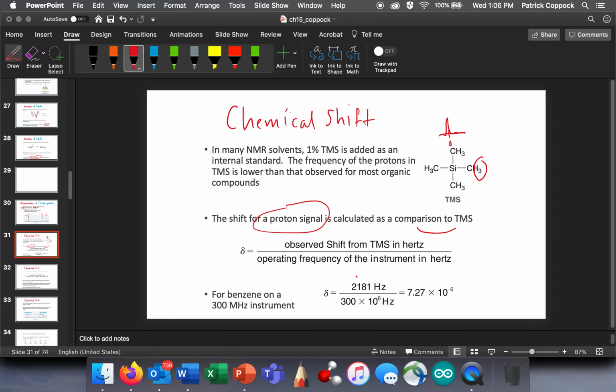For example, we might have a difference of 2181 hertz between the proton you're looking at and TMS, and then we divide that by the frequency. This would be a 300 megahertz machine, and this will be our chemical shift, which we'd say is 7.27 ppm, parts per million.